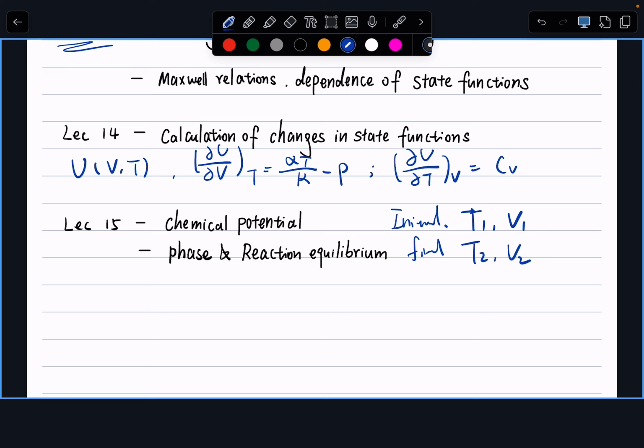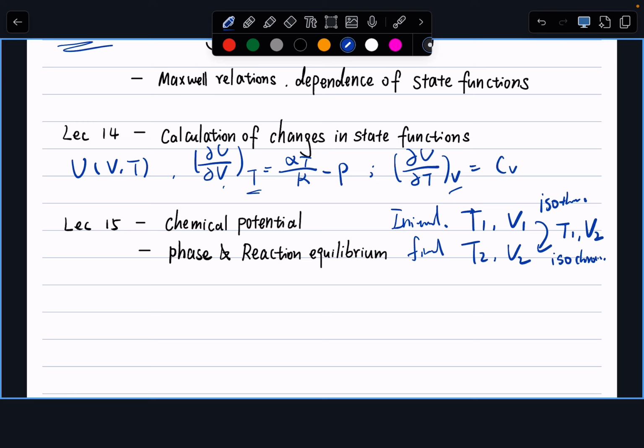But because internal energy is a state function, it's the same as saying that between your initial and final state, there exists an intermediate state, which is T1, V2, and then T2, V2. So the first step becomes an isothermal step, where my temperature is not changing, and we can just consider the volume dependence. The second step becomes an isochoric step, where my volume is not changing. So we can do the integral separately, right?